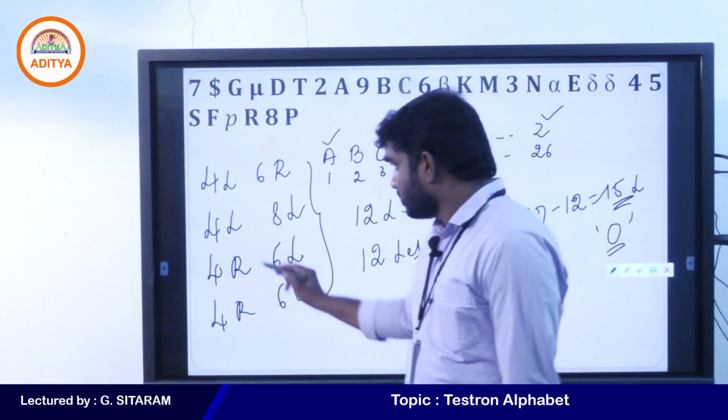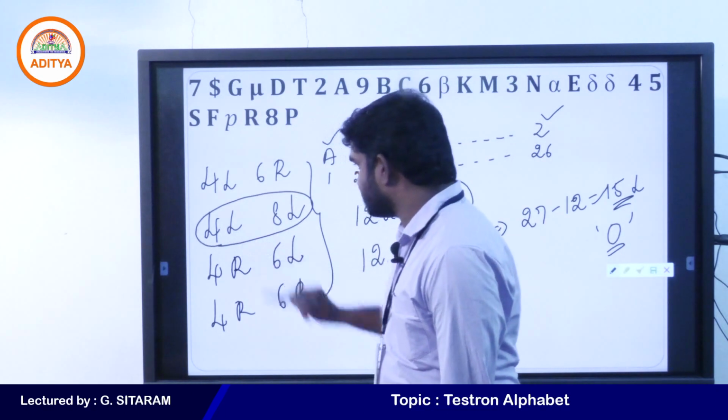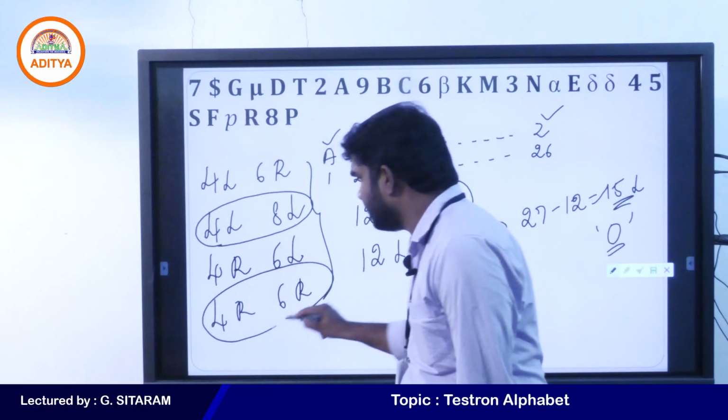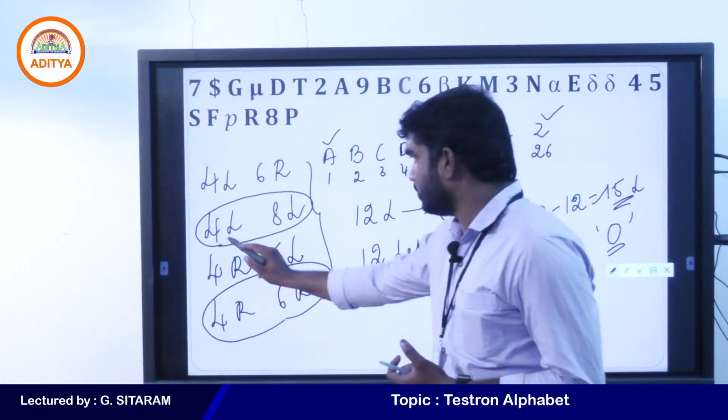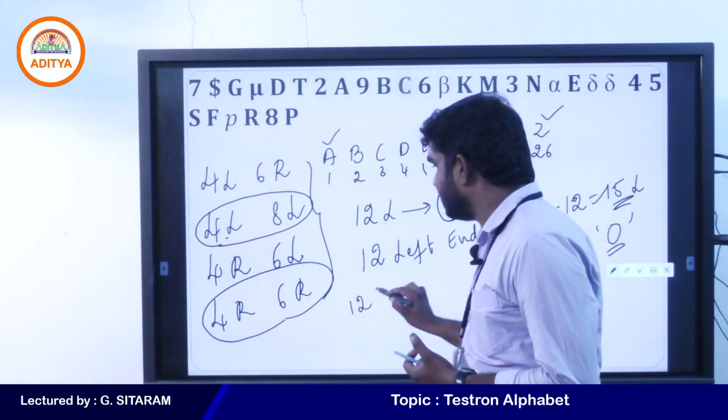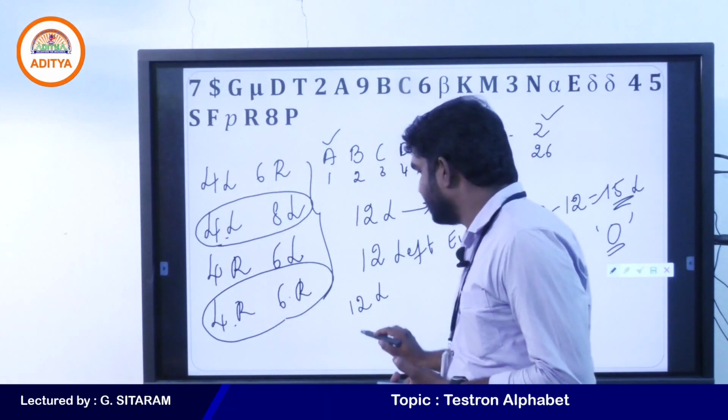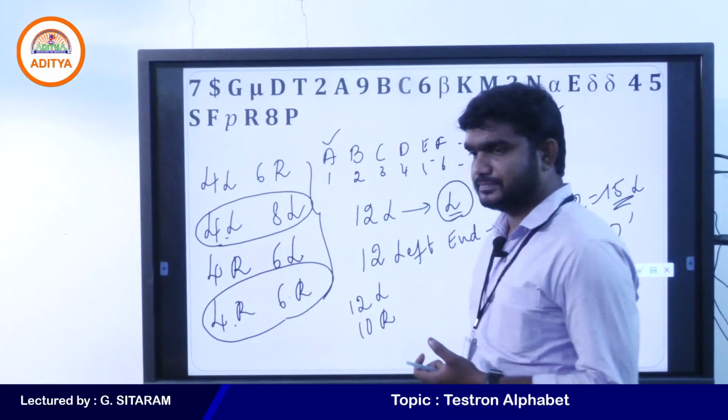For suppose if both are in the same direction, left, left and right, right, you can simply add those two values. For suppose 4 plus 8, 12th from the left hand, 4 plus 6, 10th from the right hand.